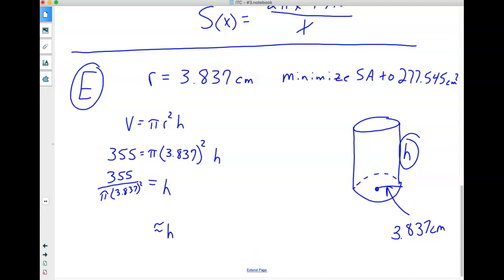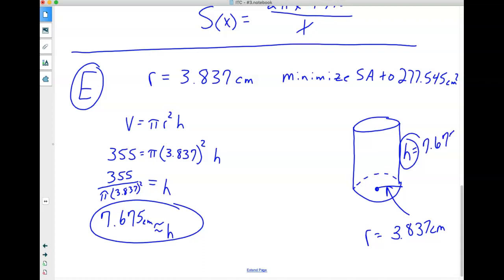And I'm going to say the height comes out to be 7.675 centimeters high. So my dimensions, radius and height equals 7.675 centimeters.